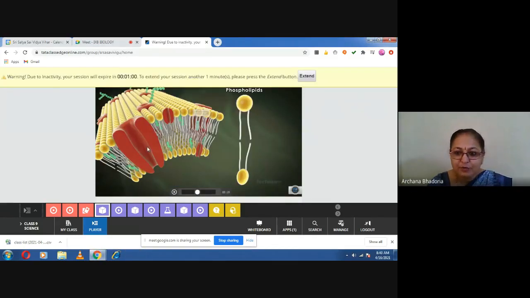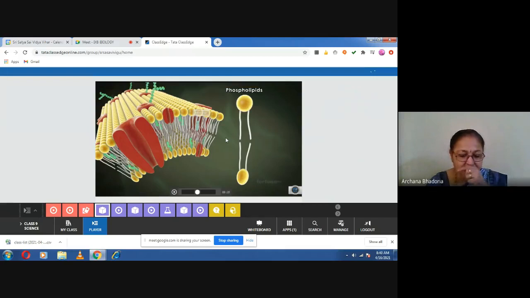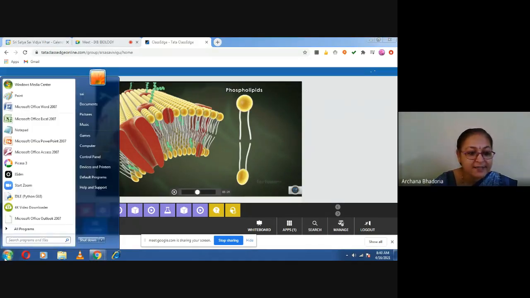And these are the proteins which help in the membrane transport. Okay, so these proteins are known as intrinsic protein. What are they called, children? Intrinsic. They are known as intrinsic protein.